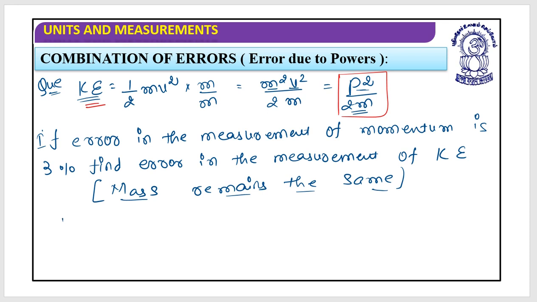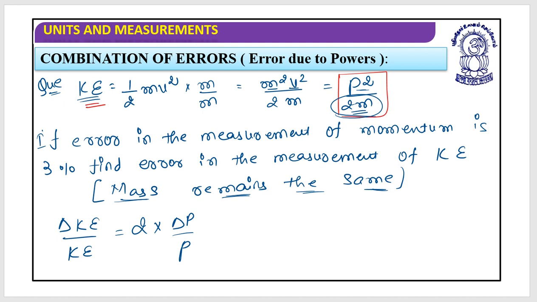So I can write delta KE by KE is equal to 2 into delta P by P. I should repeat: the mass is a constant as given by the data, so I should not write anything regarding the error for the mass. What are the terms that have changed?